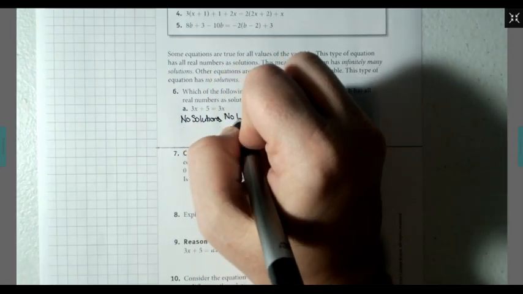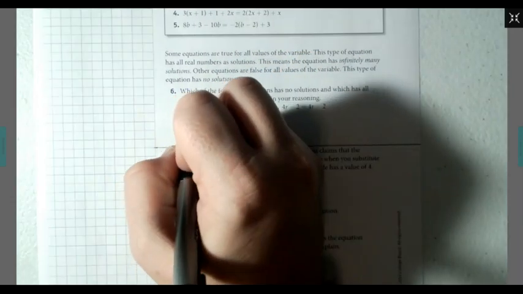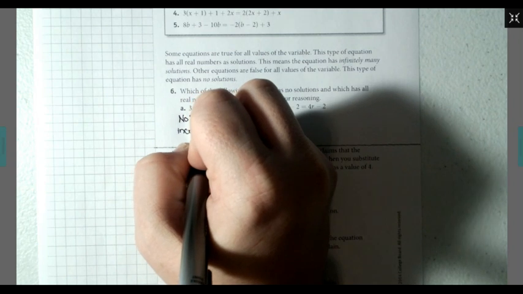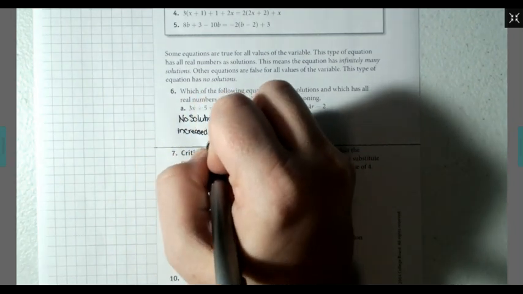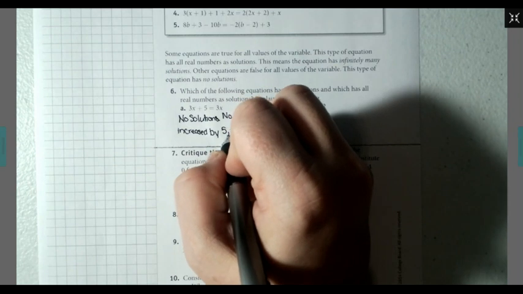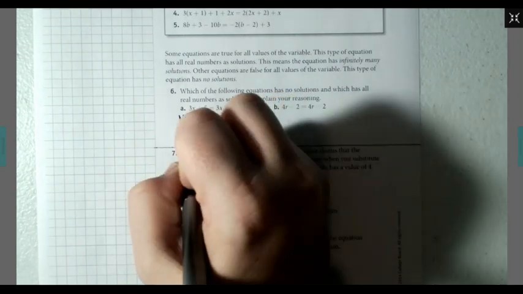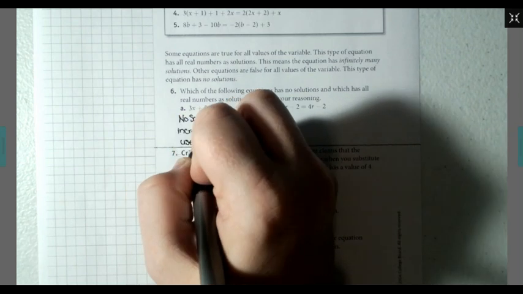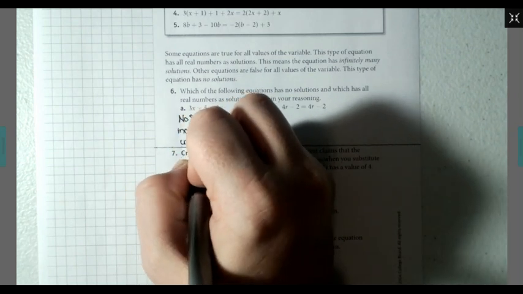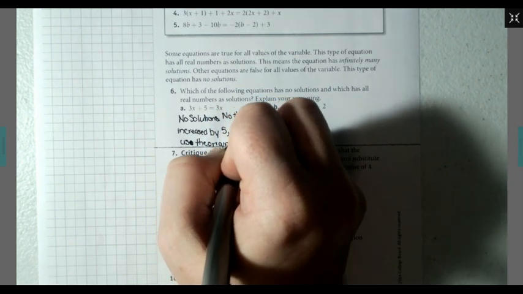No number increased by 5 will give us the original number.